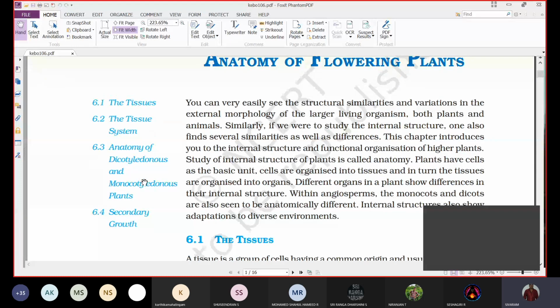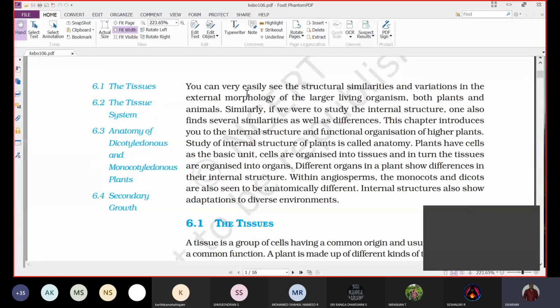So we can see here, you can very easily see the structural similarities and variations in the external morphology of the larger living organisms, both plants and animals.